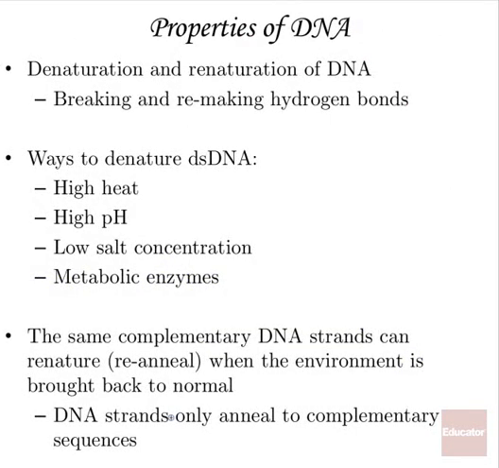And our DNA can be denatured and renatured, meaning you can break and remake the hydrogen bonds, kind of as if nothing ever happened. Okay, you're not breaking the molecule at all, you're just separating the two chains. Think of it like an ice cream sandwich, right? The two cookie crusts are your DNA strands, and your ice cream is your hydrogen bonds.